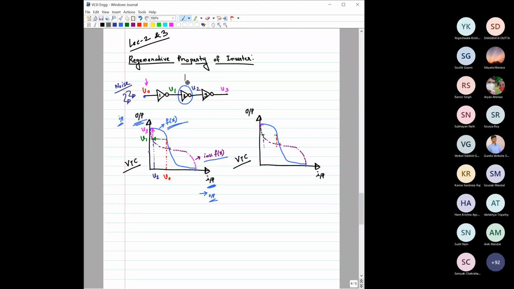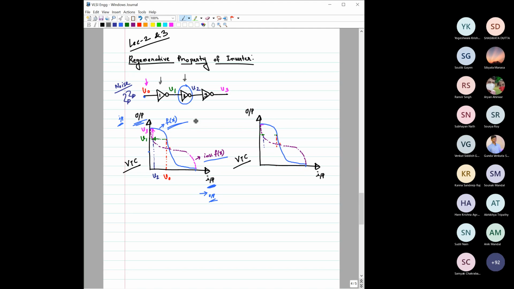Now, if you consider the second inverter, that is this number 2 inverter, then for this inverter, this V1 is the input. So for this inverter number 1, V1 is the output. So V1 stays in the y-axis, right? However, for this inverter 2, V1 is the input.